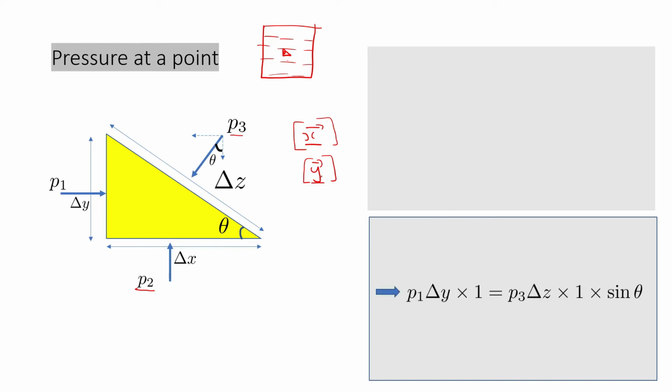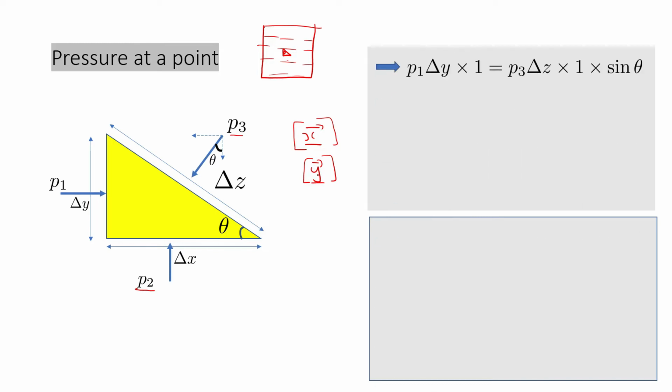So let us write the forces in the x direction. The force acting is equal to the pressure here into the surface area here. The surface area here is delta y into 1, that is the vertical length into the depth, which is unity.